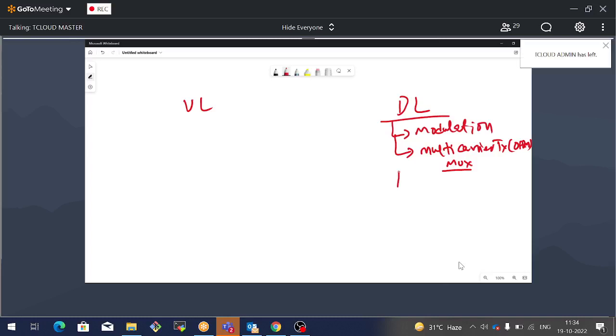Then we started learning about the resource grid, where we introduced the time domain and the frequency domain. In time domain, we have the symbols placed across time. In frequency domain, we have subcarriers. How many subcarriers there are depends on your mu value. So we learned that.